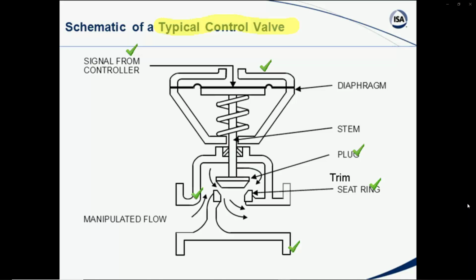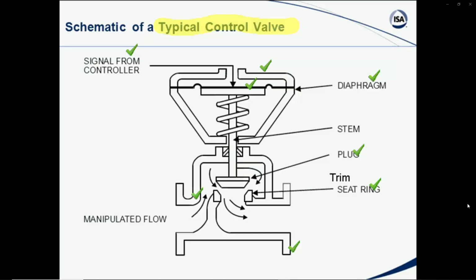And the air pressure applied, in this case of the pneumatic diaphragm, is on the flexible diaphragm area, and gives the force in this case to make the stem extend or the plug to seat into the seat ring on an increasing air pressure.